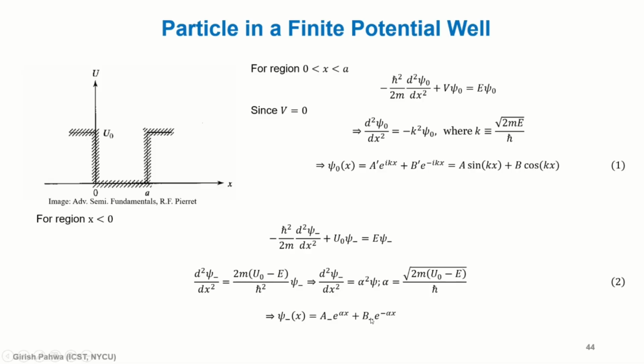That's the only possibility which can save this psi minus from becoming infinity at minus infinity. So b minus is going to be equal to 0, otherwise this is going to blow up. So you are only left with the plus term, e to the power alpha x.